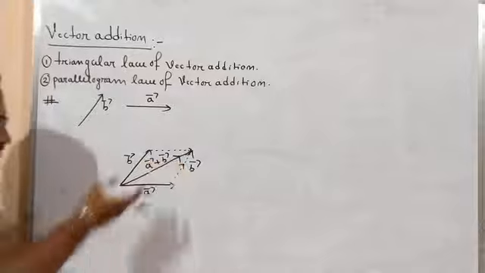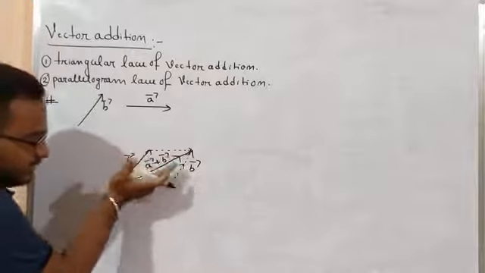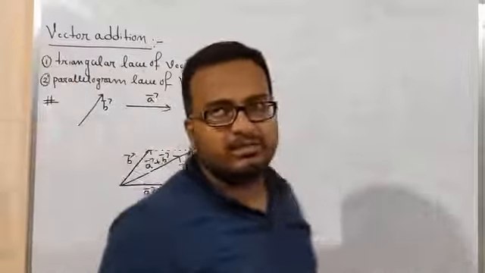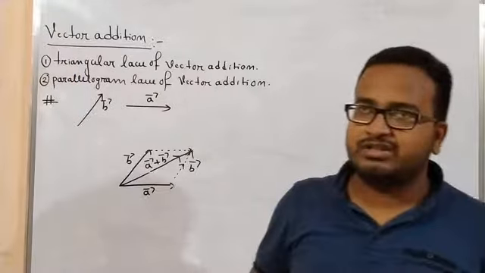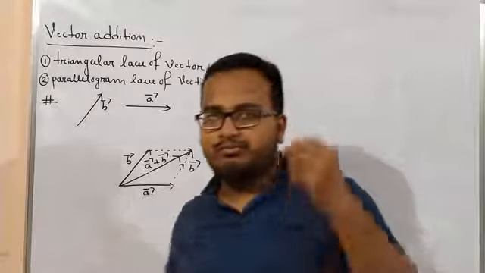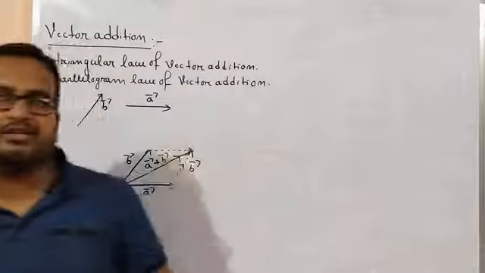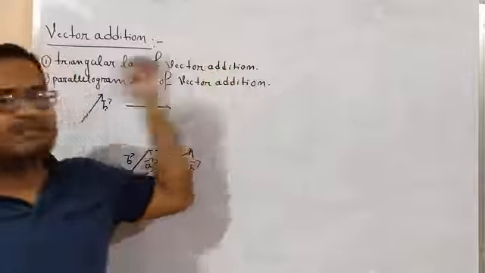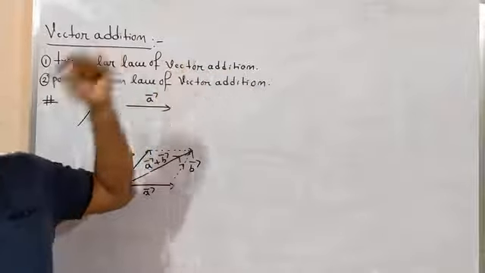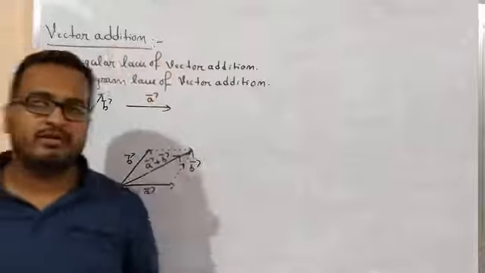So directly or indirectly, we have used the concept of triangle vector addition in the parallelogram law as well. Basically, triangle law of vector addition is the independent law, and the parallelogram law is the dependent law, which depends on triangle law of vector addition.